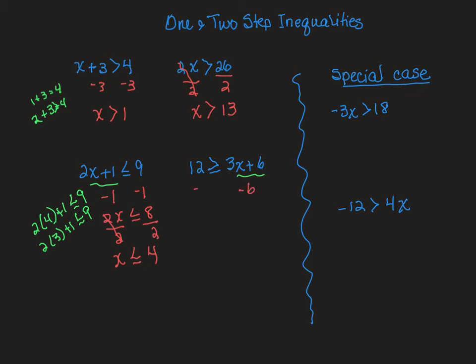I take away 6 from both sides, and so now I have 6 is greater than or equal to 3x. I need to get rid of that times 3. Undoing times 3 is dividing by 3, and I have 2 is greater than or equal to x. And so there you go. It's the same exact process, no different.